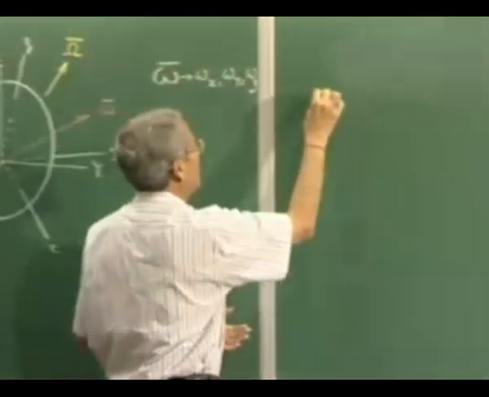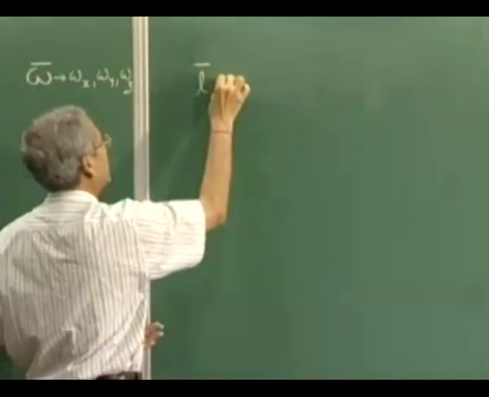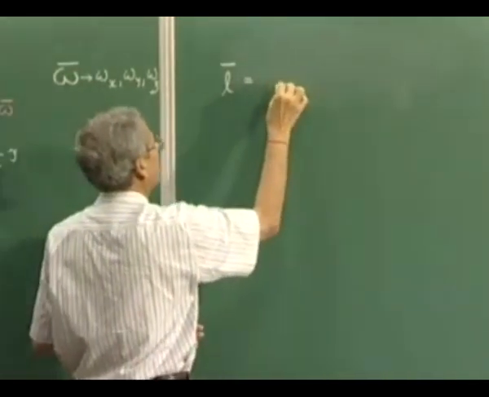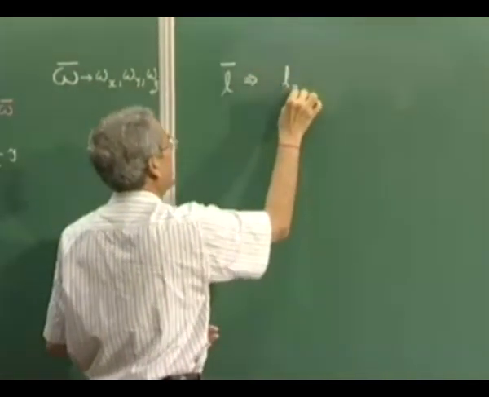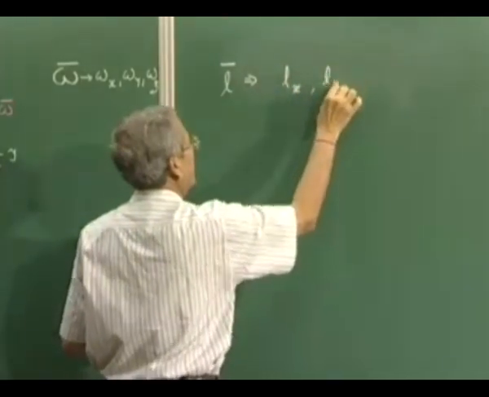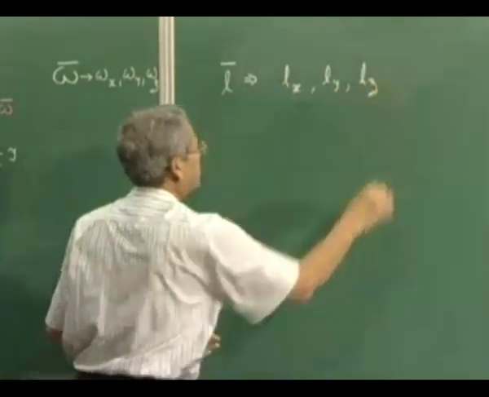So the angular momentum vector L can be expressed in the form of 3 components Lx, Ly and Lz.